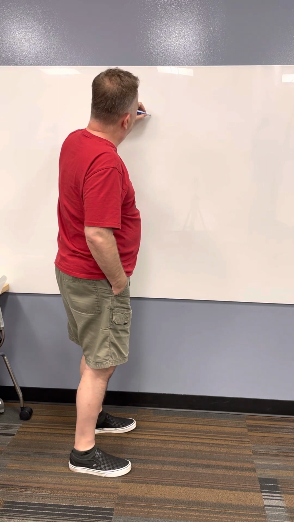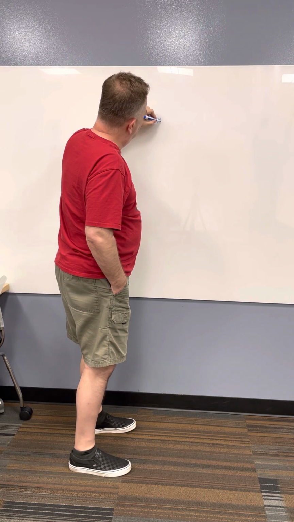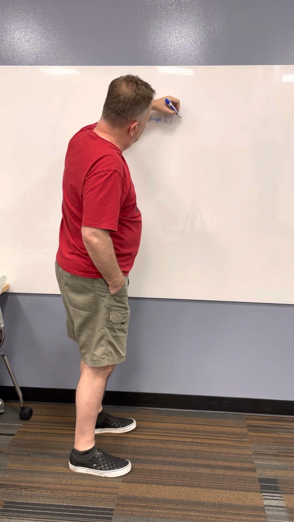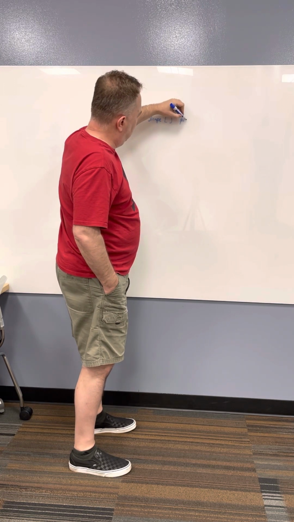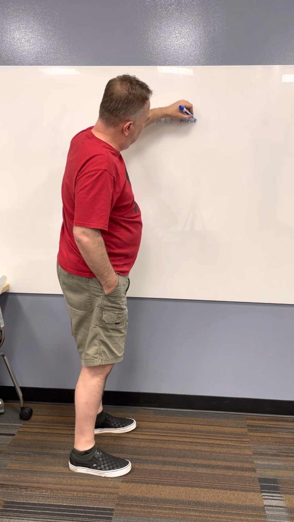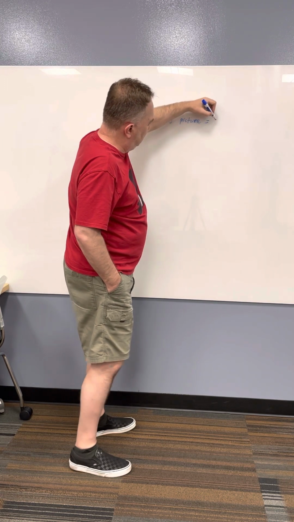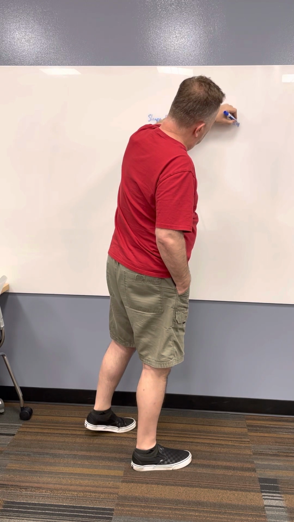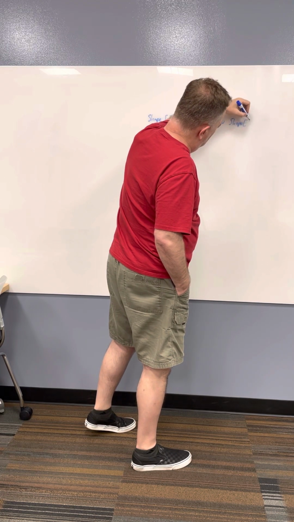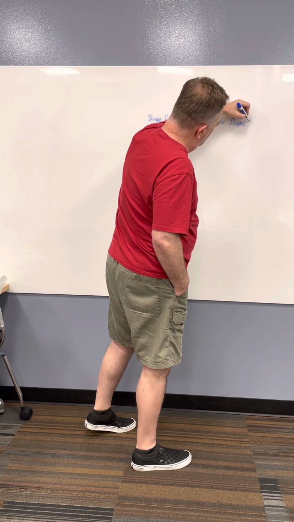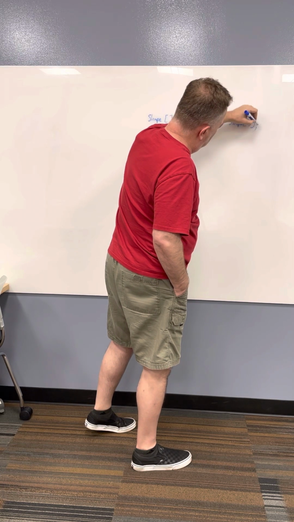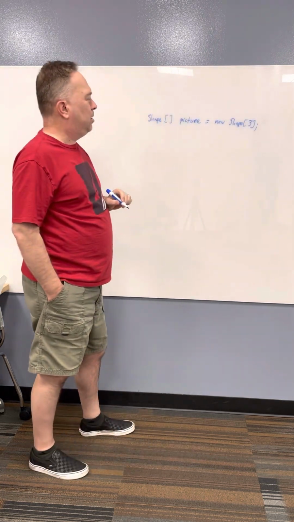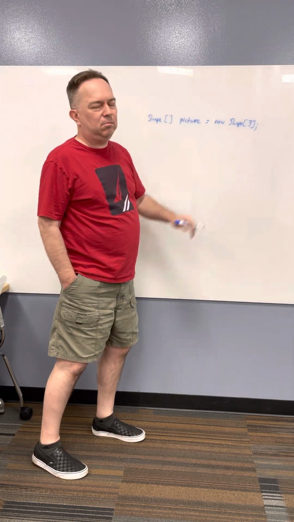We'll say Shape picture is equal to new Shape 3. Okay, so we're going to create an array of 3 shapes.